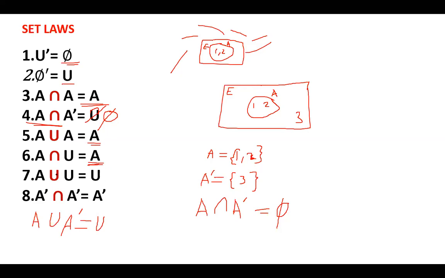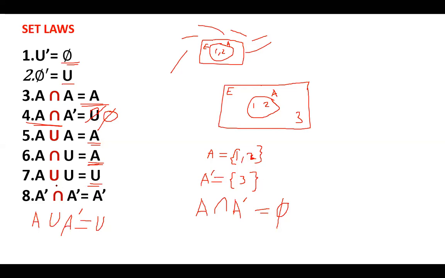Okay. And then A union universal set, you get the universal set. When you add A plus the universal set, because A is also part of the universal set, A is a subset of the universal set, so when you find the union of the two, you still get back to the universal set.